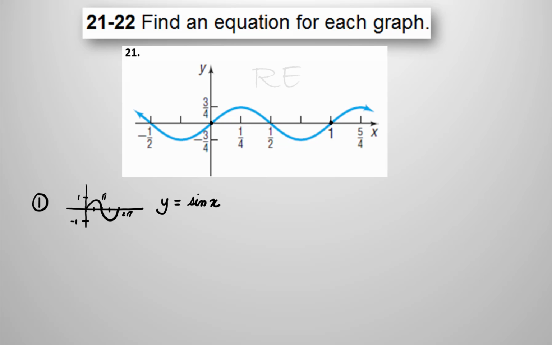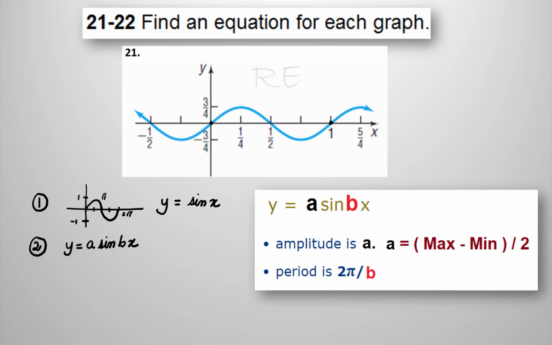Number two, if we have a graph with an equation of the form y is equal to a sine bx, the absolute value of a will be the amplitude, and a is found by subtracting the mean from the max.